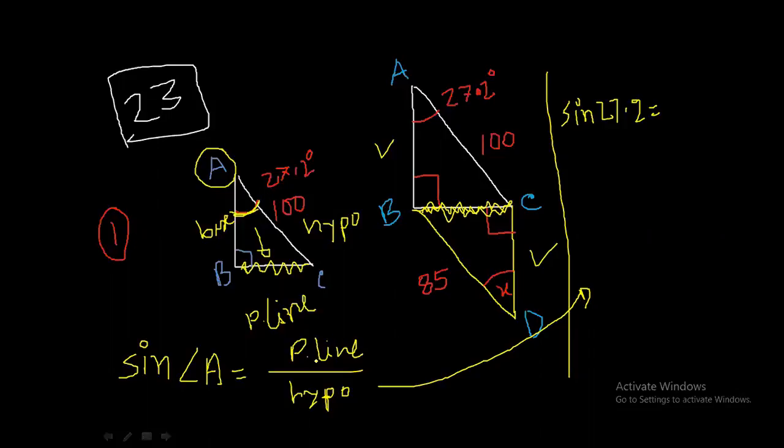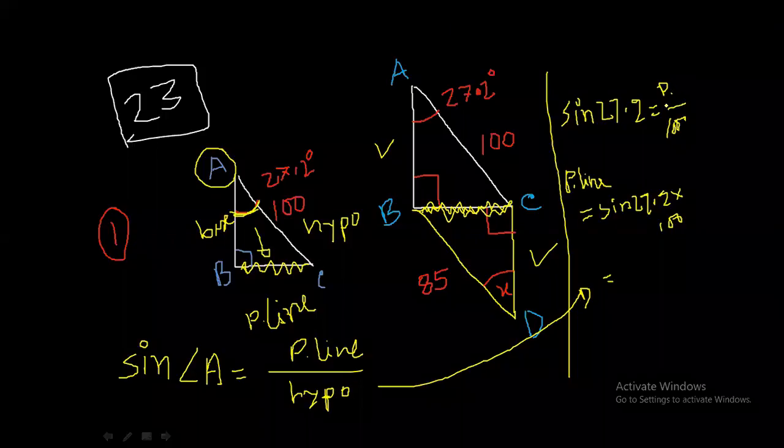So the value of perpendicular line, I have to find, and the value of hypotenuse will be 100.